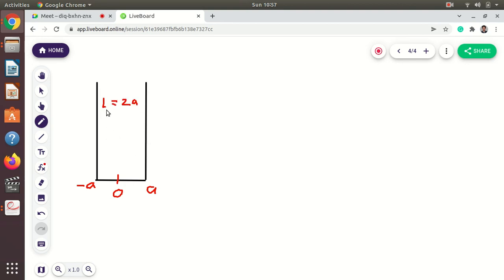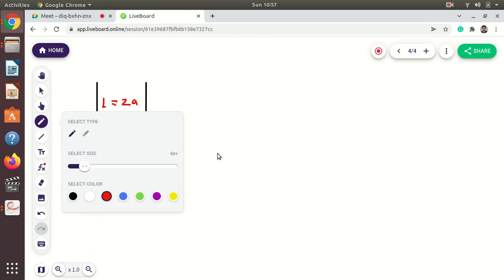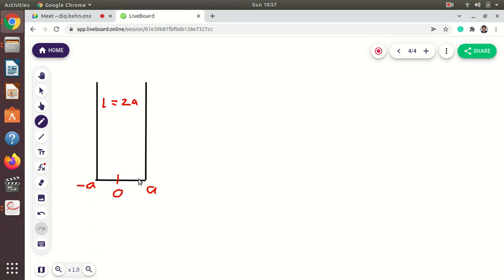The energy value for each energy level does not change with the origin. If you shift the origin, you can also write the origin at this point, right? Any point we can select as origin. The value of energy does not change.